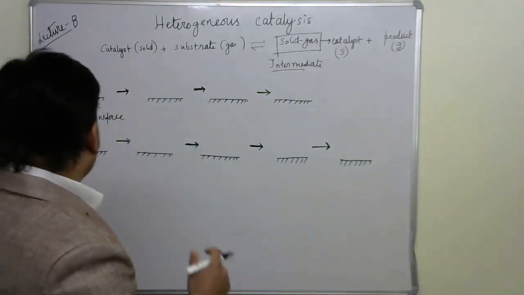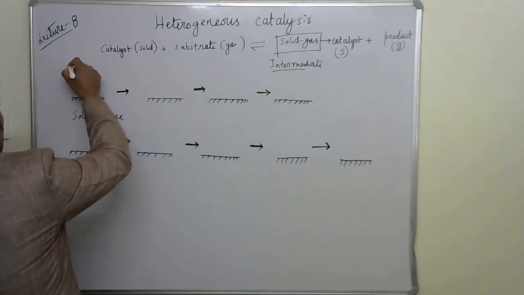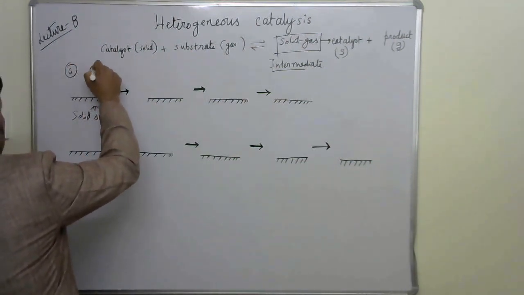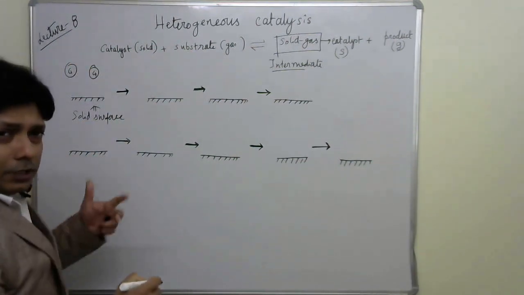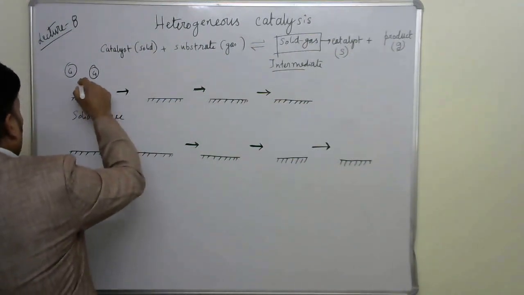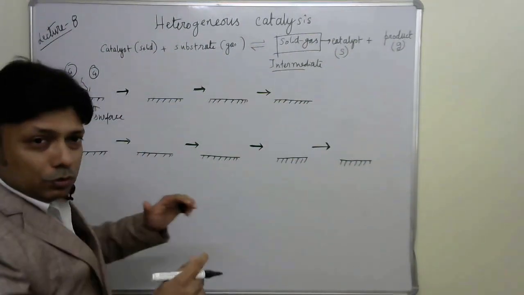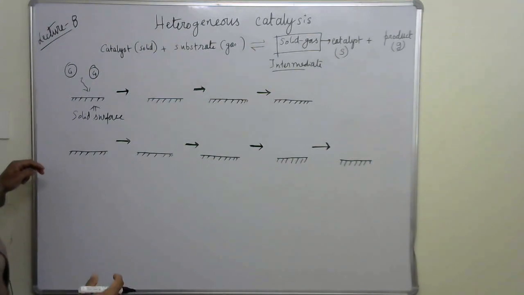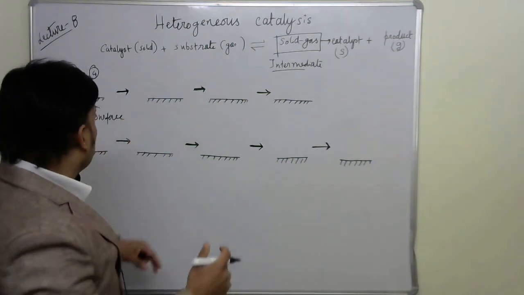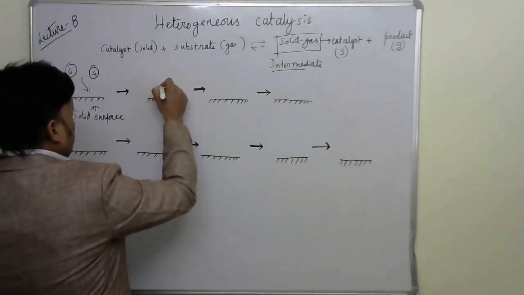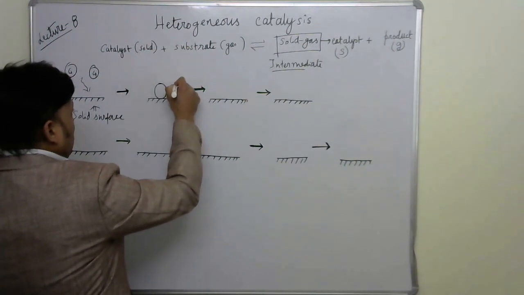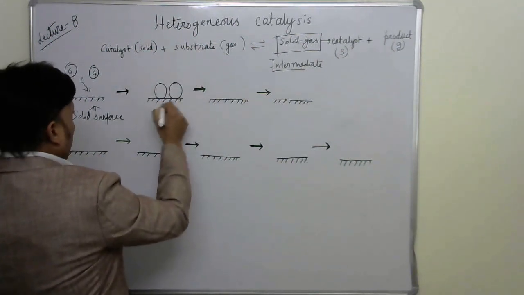Okay, so this is the gas molecule, so I can draw them like this. So the very first step, obviously, the gas molecule will have to diffuse towards the surface.